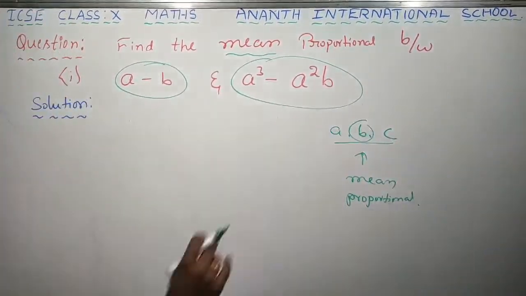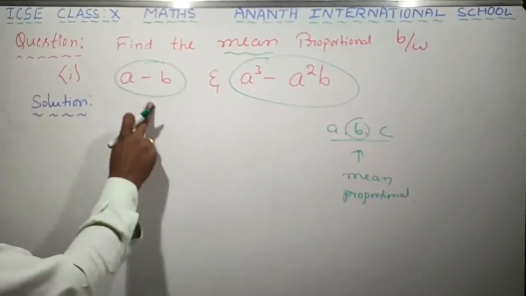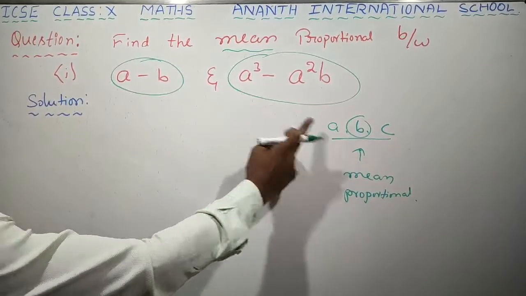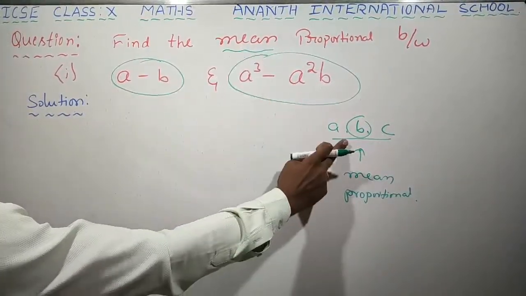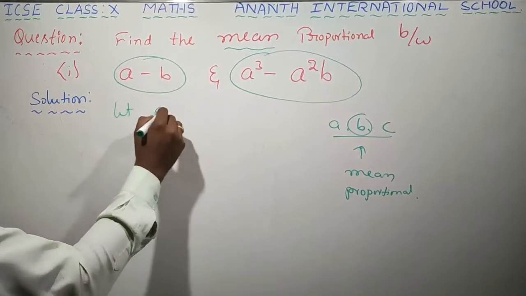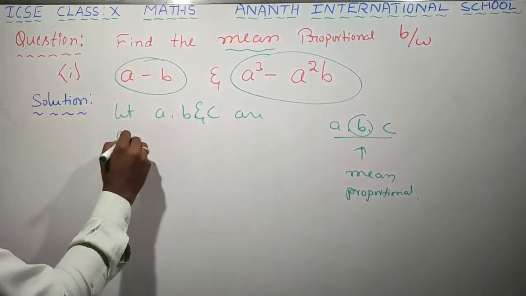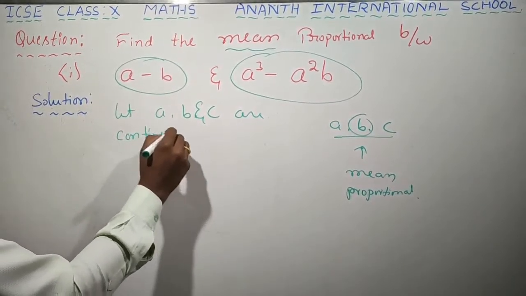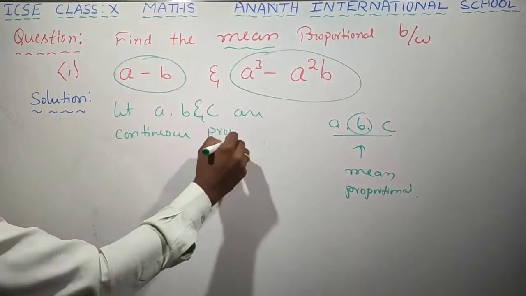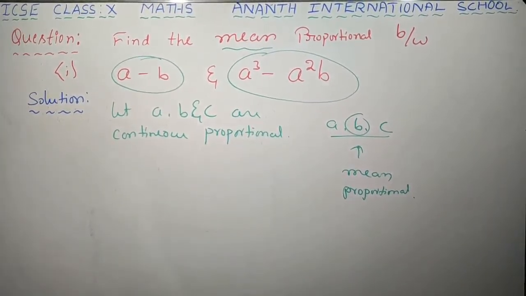Don't forget this method. Given two terms, find the mean means this will be considered the A term, this will be considered the C term. They are asking for the mean, which is the B value children. Let A, B and C be continuous proportional.